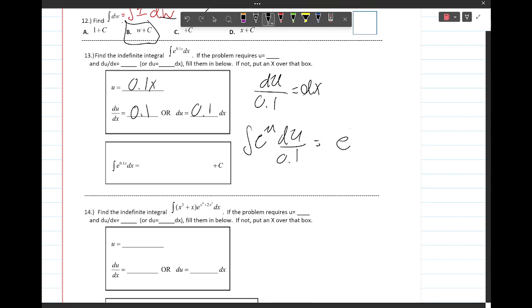So our answer is e to the u over 0.1 plus c. But we replace u in terms of x. So we get this for our answer.